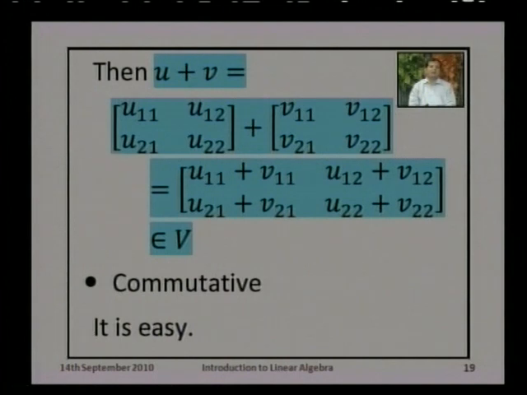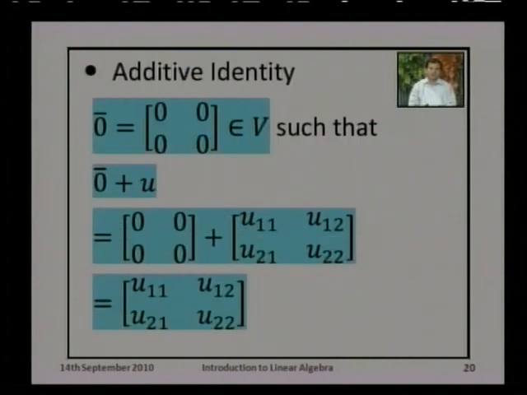We can see that it is also a 2 cross 2 real matrix. Similarly, we can verify commutativity, that is, U plus V will be the same as V plus U. And the additive identity here is the zero matrix, 0 0 0 0.